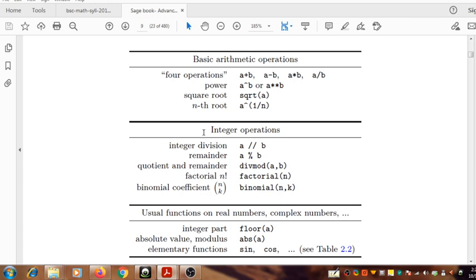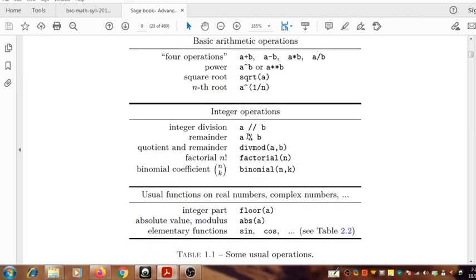The first one is the integer division, written as a double / b, where a and b must be two integers. So all arguments must be integers, and in the factorial function, n must be an integer.